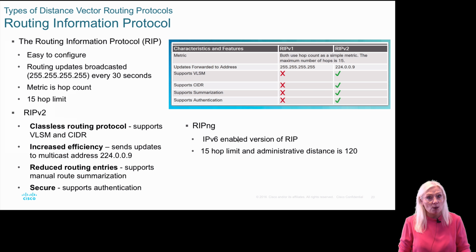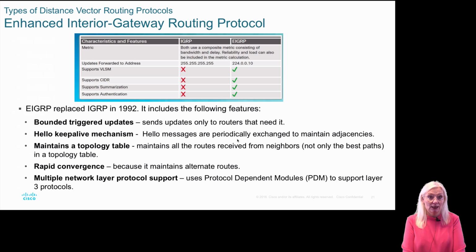So it's for very small networks. RIP version 1 will not support any kind of summarization or subnetting, whereas RIP version 2 will. RIP version 2 also sends out updates on a multicast address instead of a broadcast. And RIP version 2 also supports authentication, so if I want to authenticate my updates, I can.